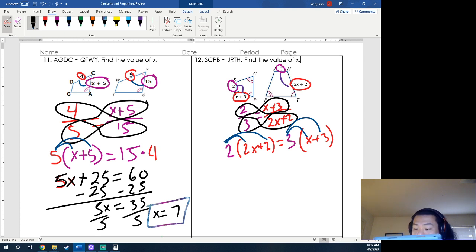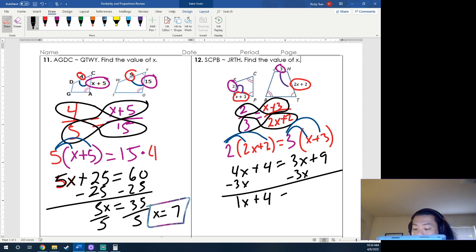So we have 2 times 2x, or 4x, plus 2 times 2, which is 4, is equal to 3 times x, which is 3x, and 3 times 3, which is 9. We're going to subtract 3x from both sides. We have 1x plus 4 equals 9. Subtract 4 from both sides. So we have x equals 5. There you go.